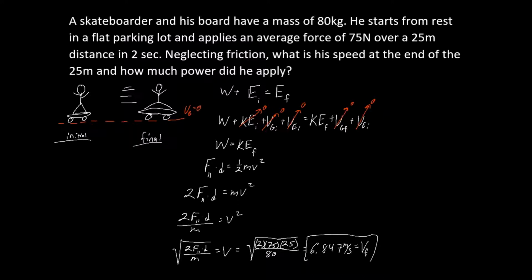So that answers the first part of the question, how fast was he at the end? He was going 6.847 meters per second.